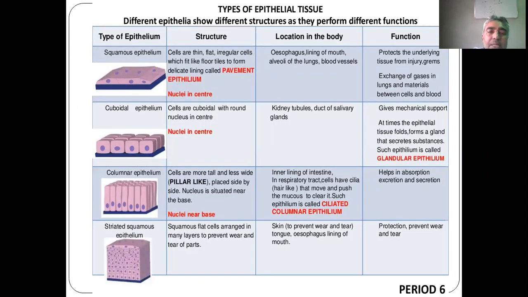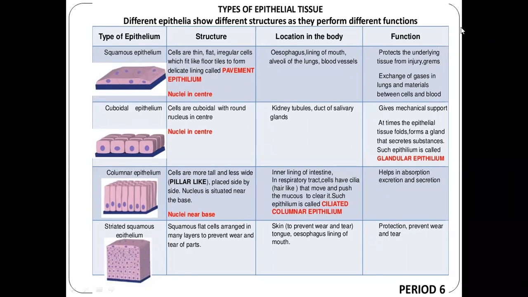Different epithelia show different structures as they perform different functions. Types of epithelium: squamous epithelium, with its structure, location, and functions. You can study them one by one: structure, function, and location. Structure: the cells are thin, flat, irregular cells which fit together like a floor to form a delicate lining called pavement epithelium.